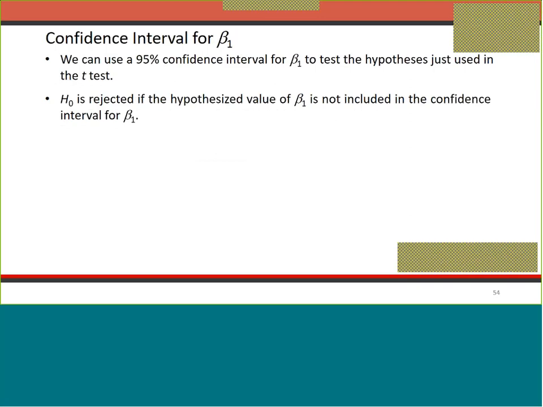Now we want to construct a confidence interval for beta 1. Beta 1 is an unknown parameter. The statistic corresponding to beta 1 is b1. So we can use a 95% confidence interval for beta 1 to test the hypothesis just used in the t-test.